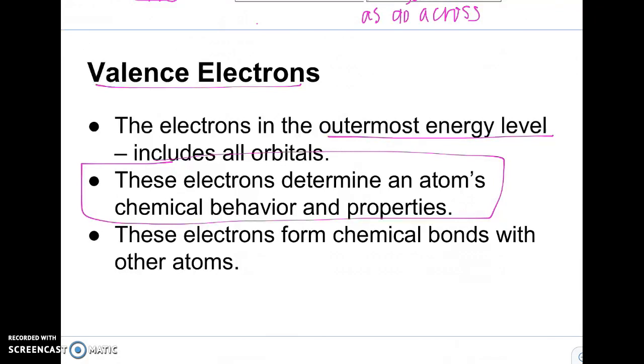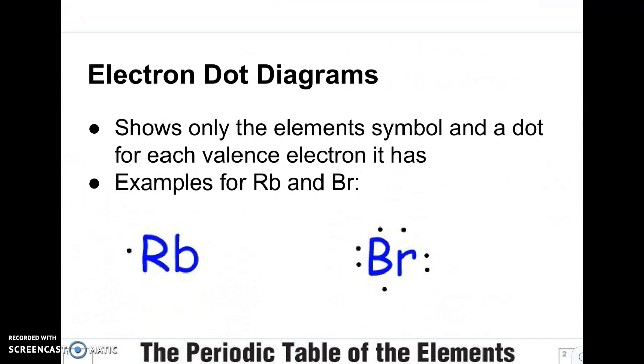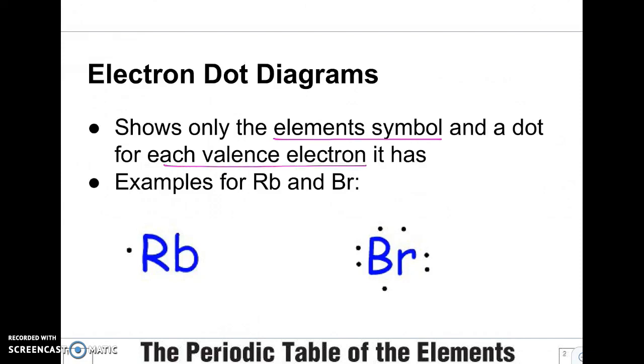So from here on out for the year, we'll be focusing the majority of our time on these valence electrons. One of the really simple ways that we can show valence electrons is with what we call electron dot diagrams. You may have seen these in the past. It shows only the element symbol and a dot for each valence electron that it has.